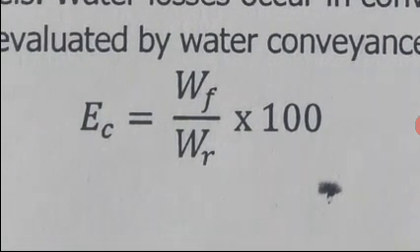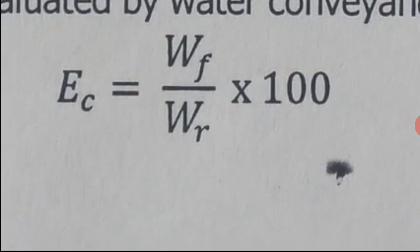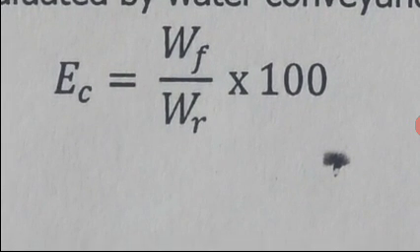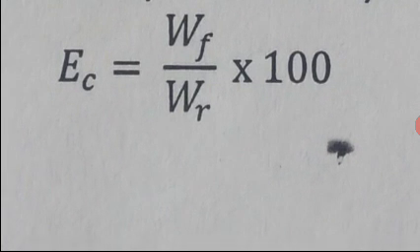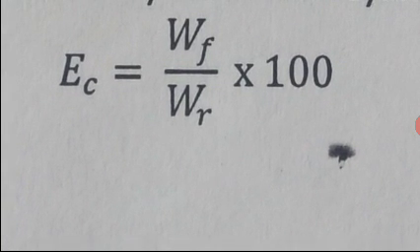Water losses occur in conveyance from the point of diversion till it reaches the farmer's fields, which can be evaluated by water conveyance efficiency. Water conveyance efficiency EC is equal to WF by WR into 100.